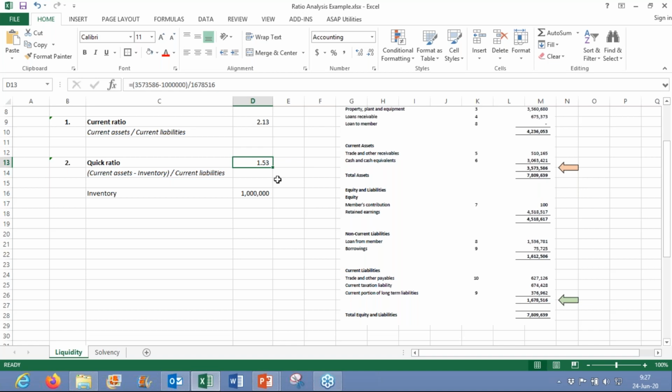The industry norm, as I mentioned, for the quick ratio is 1.2 to 1, but it's always nicer to have it higher rather than lower. So that's just to illustrate how these ratios work.